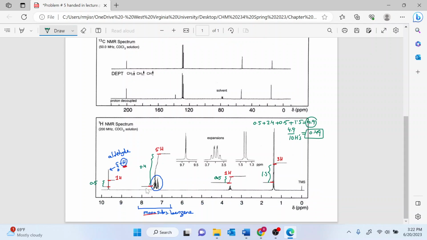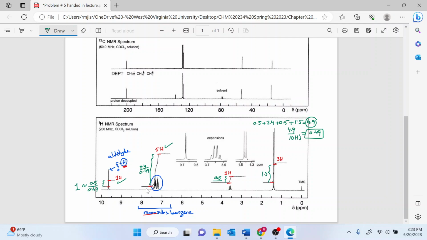Then you're going to take that number and divide it into each of these integrated values. So we're going to do 0.5 divided by 0.49, and that is approximately 1. So our assumption here is right. Then you're going to take 2.4 and divide it by 0.49, and that is around 5.